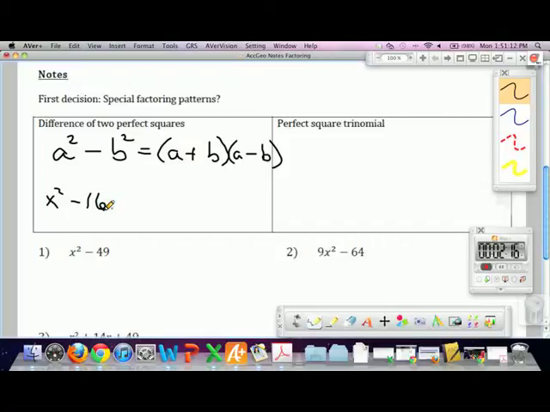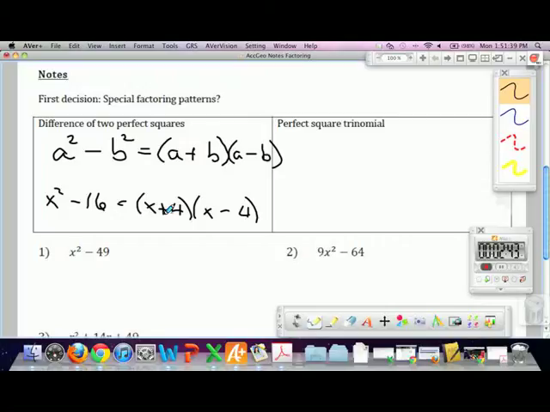So this should factor using this special pattern in the following way. It should factor to the square root of the first. What's the square root of x squared? Just x. The square root of the second. What's the square root of 16? 4. One's plus, one's minus. That is one factoring pattern. So it's called the difference of two perfect squares.